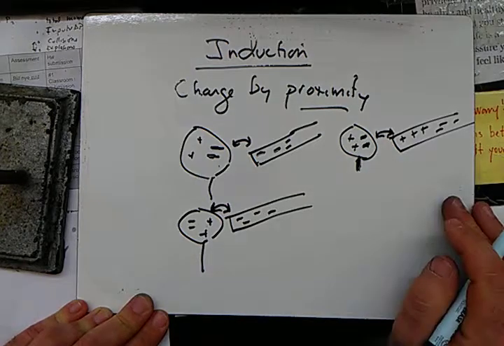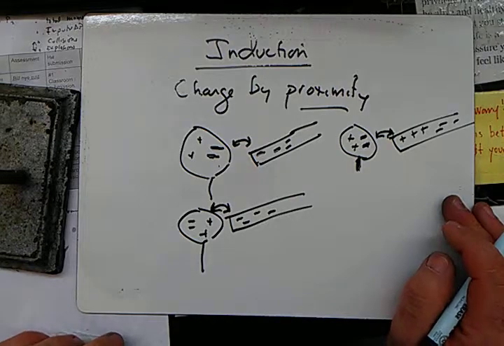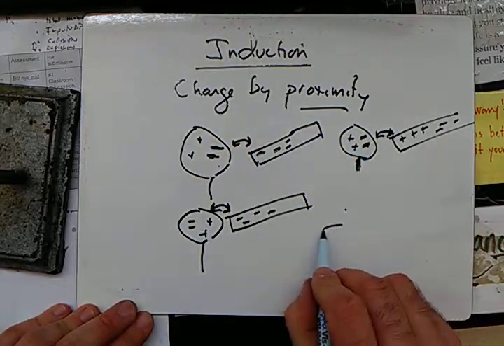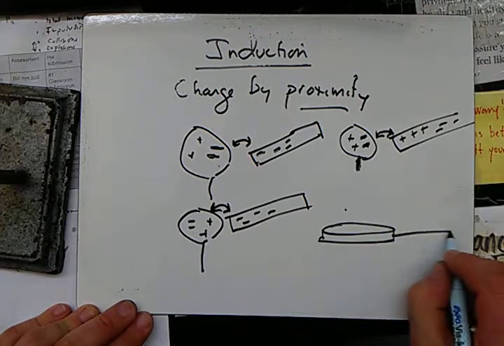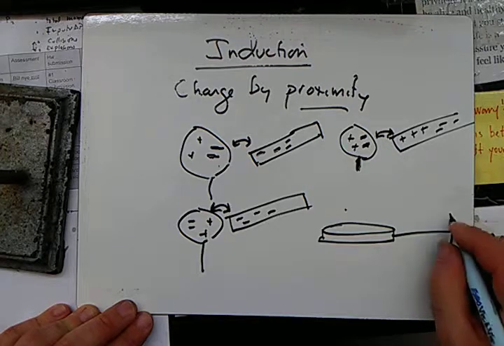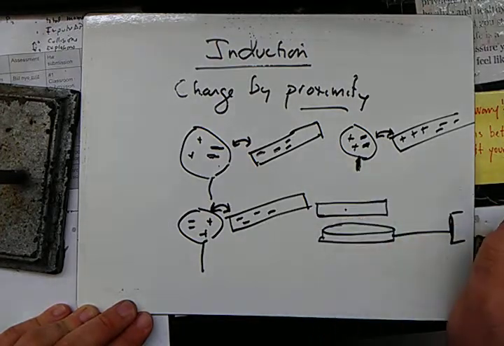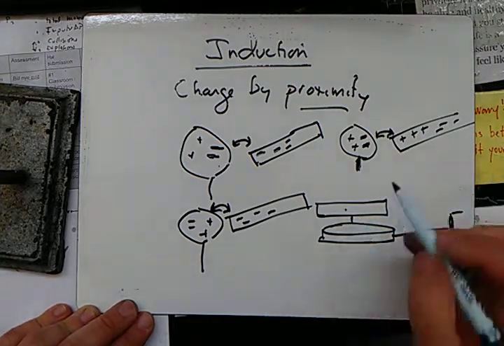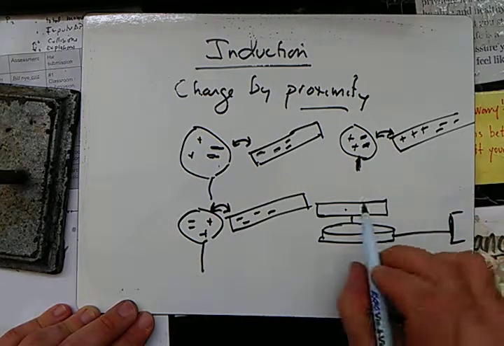A lot of times you can see this with your cell phone. It's kind of odd, but you can charge a cell phone. You guys have seen this little thing. There's this little puck that you plug into the wall, and then you just put the cell phone on top of it. There's no metal touching here, but you can charge your cell phone by induction, which is pretty cool.